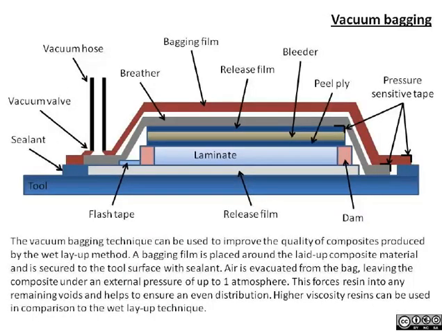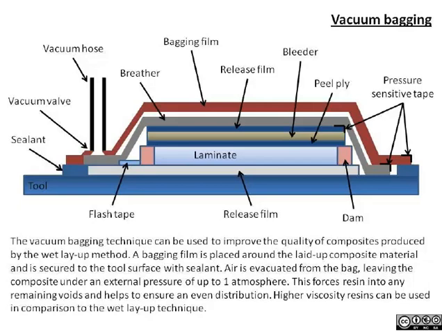So this is a cross-section of a vacuum-bagged laminate composite. So where the little block saying laminate is your actual workpiece. So it's laid up on a rigid backer, usually a big piece of metal, and then a porous, what they call bleeder cloth, fairly thick textile, is placed over it, and then the whole thing is sealed with an impermeable bag, and a vacuum is applied between the bag and the bleeder cloth.